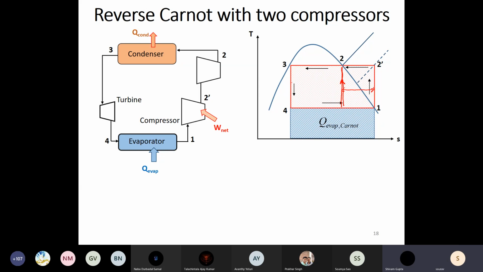And hence comes the first important aspect of the vapor compression refrigeration cycle: the inlet to the compressor should be at least in the saturated vapor region. It should not be in the two-phase region. Then you will have liquid entry into the compressor. Your compressors can fail. So that liquid impinging on the blades that you have seen, something similar can also happen in the piston and the cylinder walls.